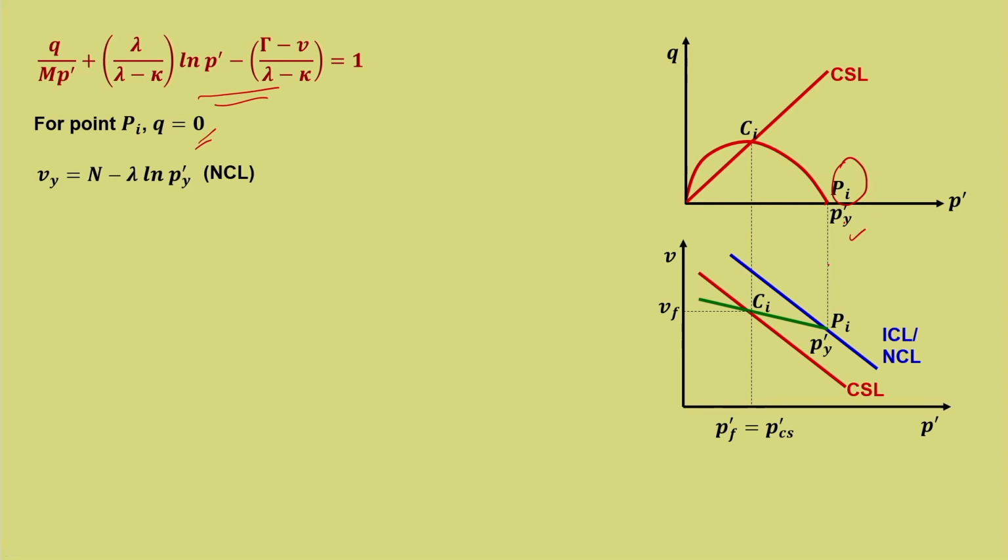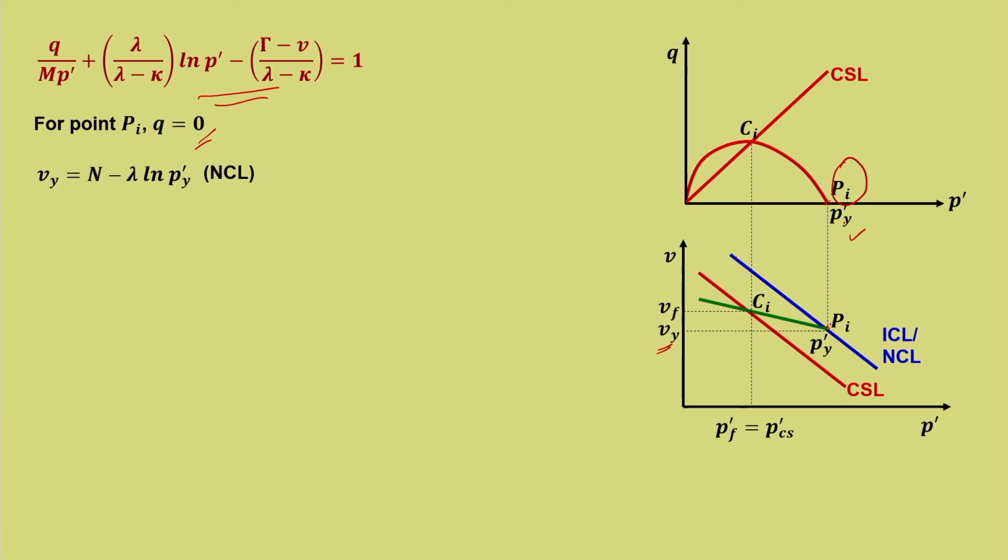Also, if you see here, this the same point, if you consider here p dash y, this is considered to be Vy corresponding to that particular yield. We can write Vy is equal to n. What is n? N is the point on the normally consolidated line corresponding to unit pressure, which we have already seen, minus lambda ln p dash y.